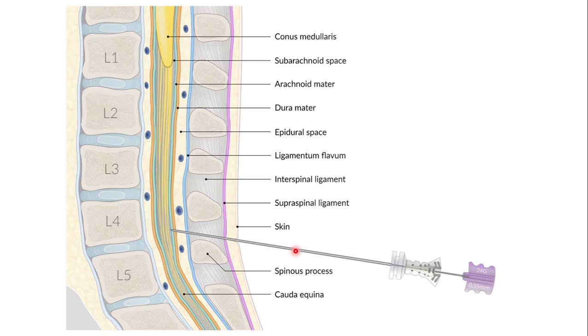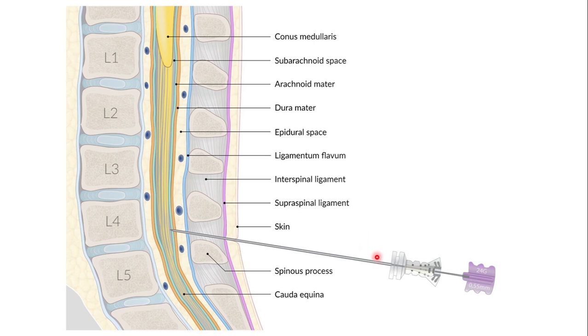Now, we want to talk about the lumbar puncture. So what is the lumbar puncture? Basically, sometimes a patient may present with a CNS infection, such as meningitis, and we are called upon to try to find out what caused this CNS infection.